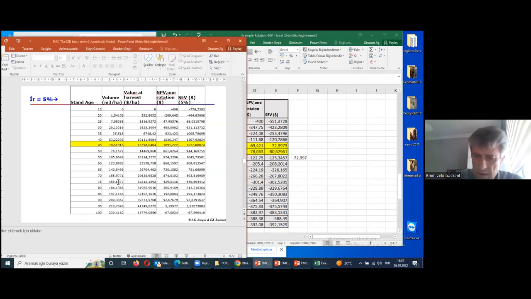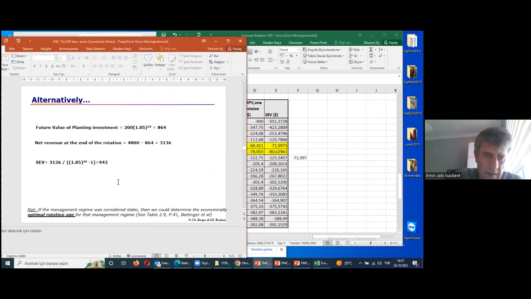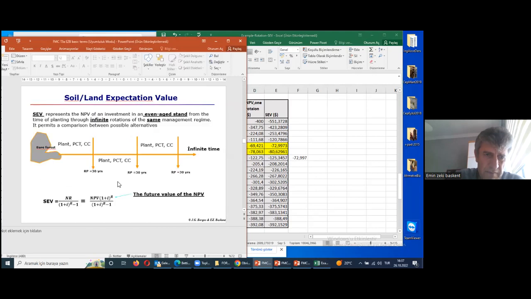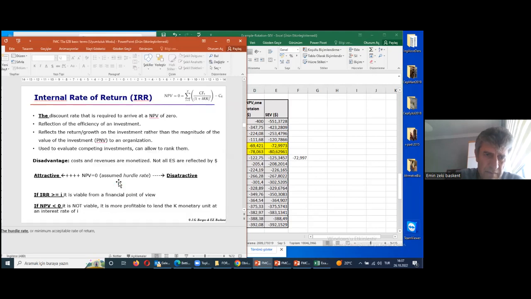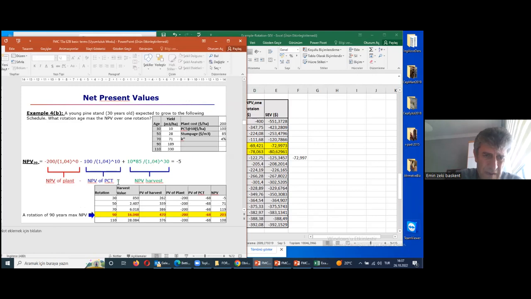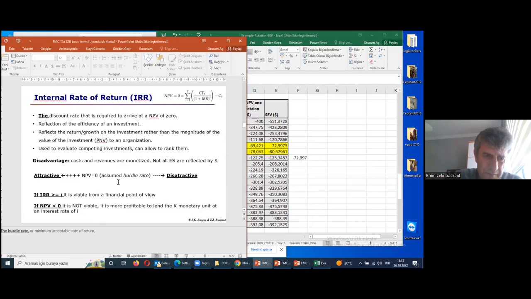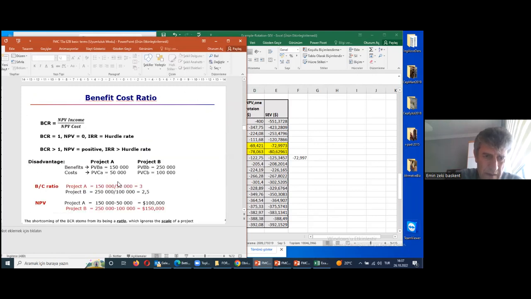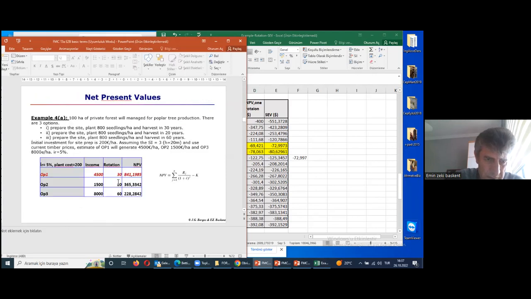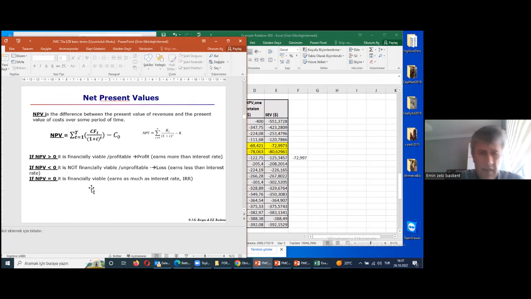Remember, if the net present value is greater than 0, it is financially viable or profitable. If it is less than 0, it is not financially viable.